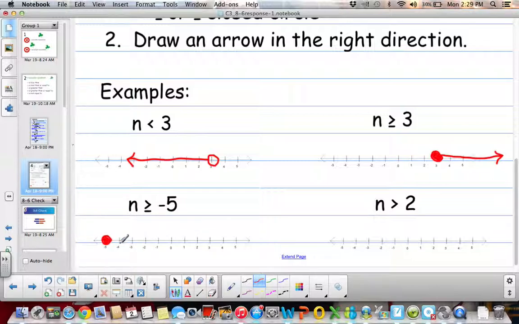So negative 4 is greater than or equal to negative 5, and 1 is greater than or equal to negative 5. That means my line has to go this way. And then n is greater than 2. It's greater than, so we have an open circle, and my line is going to go that way.